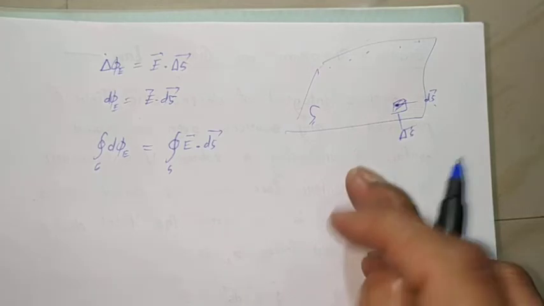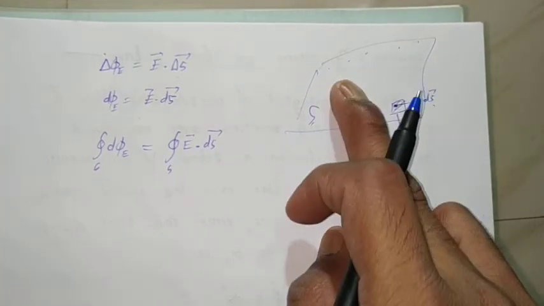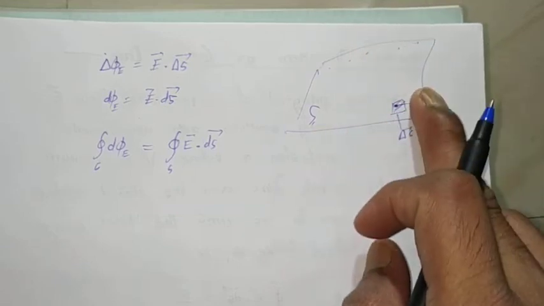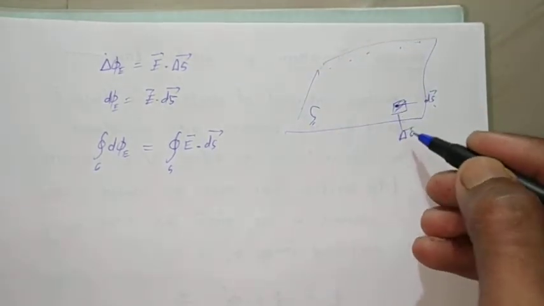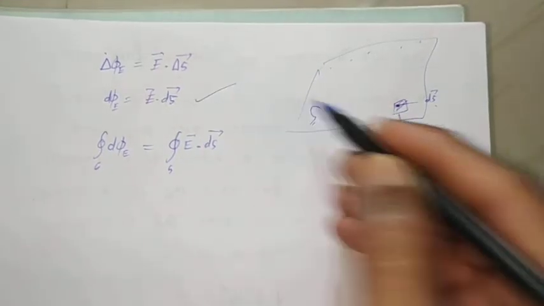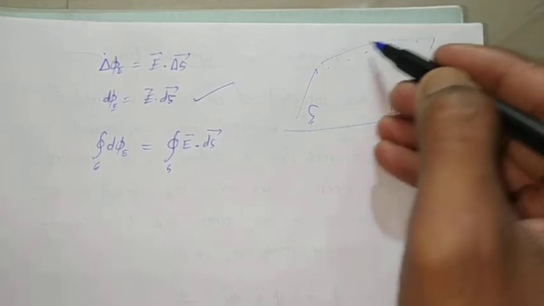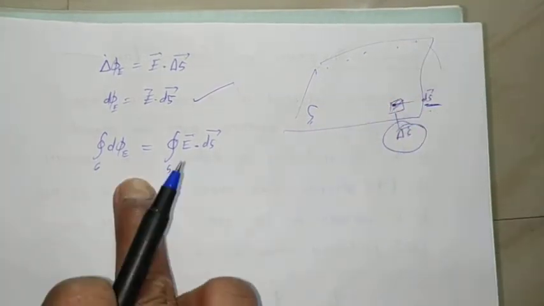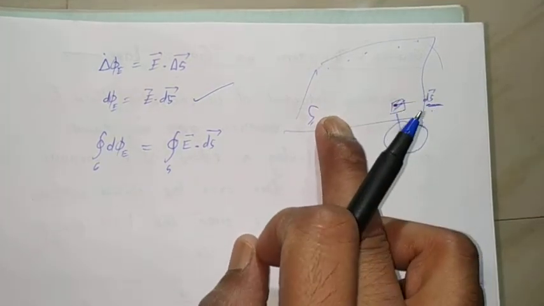It is integrated over the surface, meaning summed up over the surface. I am summing all the flux passing through this whole area. First we calculated the flux passing through this delta S only, then the flux passing through this very small element dS, and then we integrated for this whole surface, and we are getting the total flux passing through this surface S.